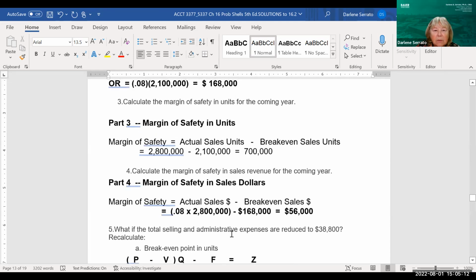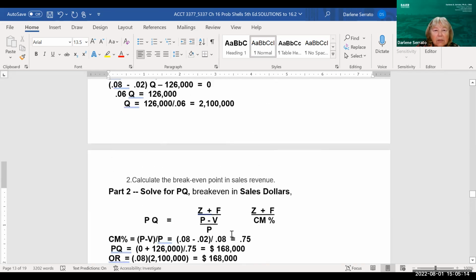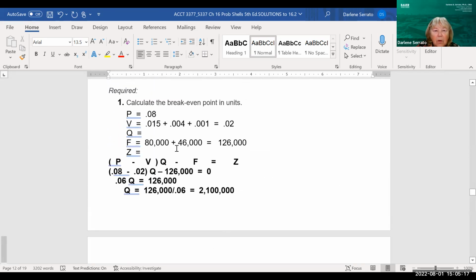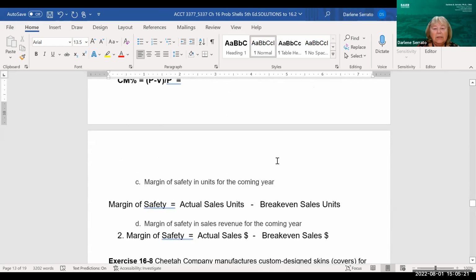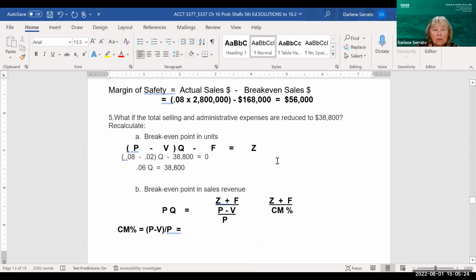Oh, do we have some expenses before? Oh, yes, should be 80,000 plus. So that is 118,800.